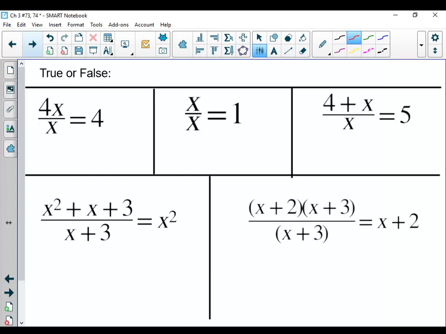Now, as you're deciding they're true or false, we're going with the assumption that we're not dealing with an excluded value.